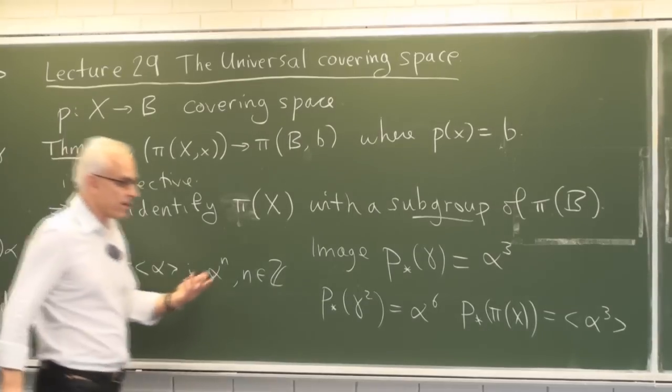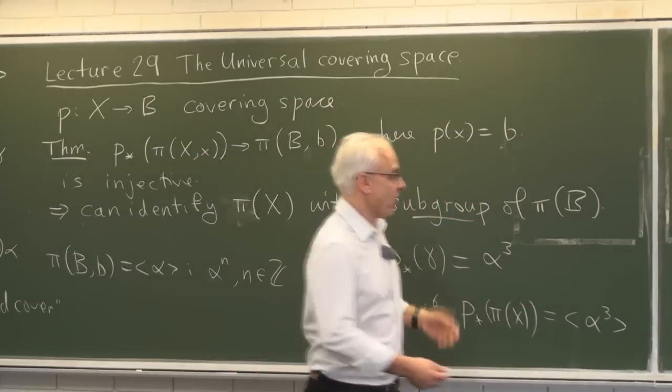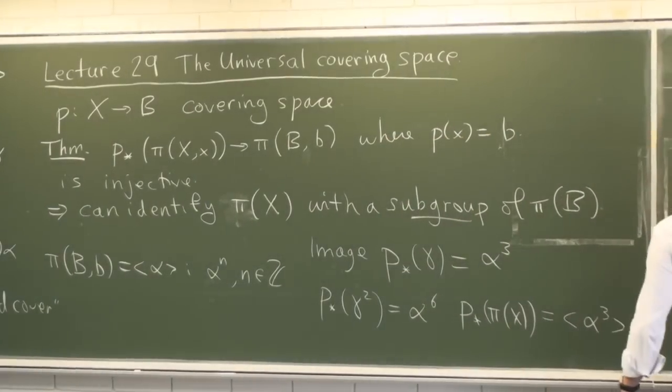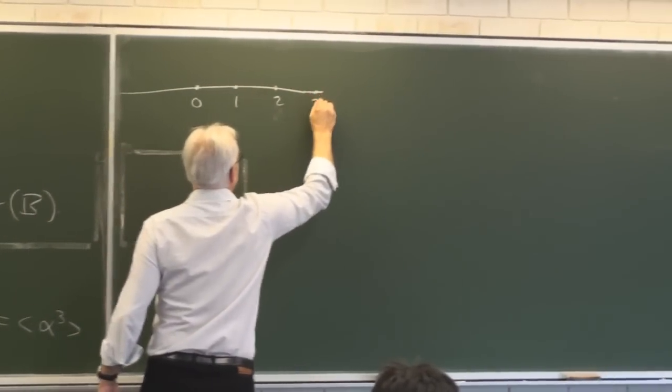Now we're thinking multiplicatively, but when we're working with the integers as a group, we can also think additively. And if we think additively, well, then what we have is a situation that's quite familiar.